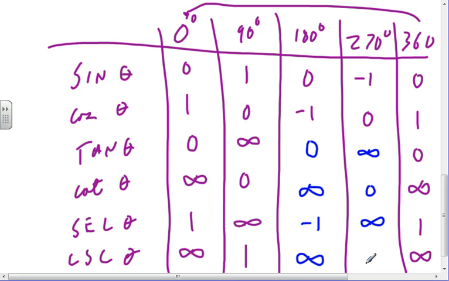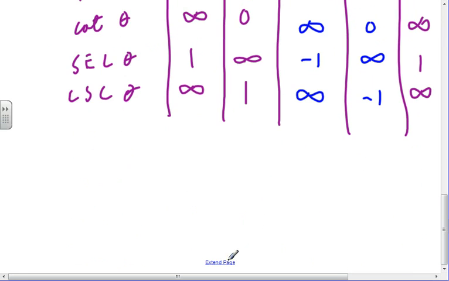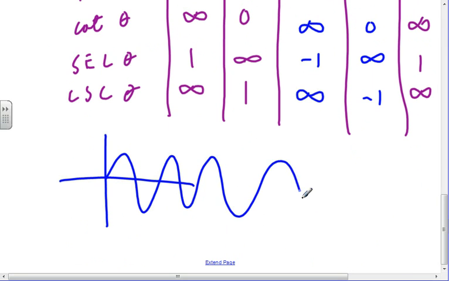Undefined, minus 1. Maybe we should have plus and minus undefineds. No, we're not going to. We'll just leave it that way. Now this causes a problem because my sine function's doing something like that forever and ever, and the other way too. We'll get around that at a different time. But that's what my sine function does.